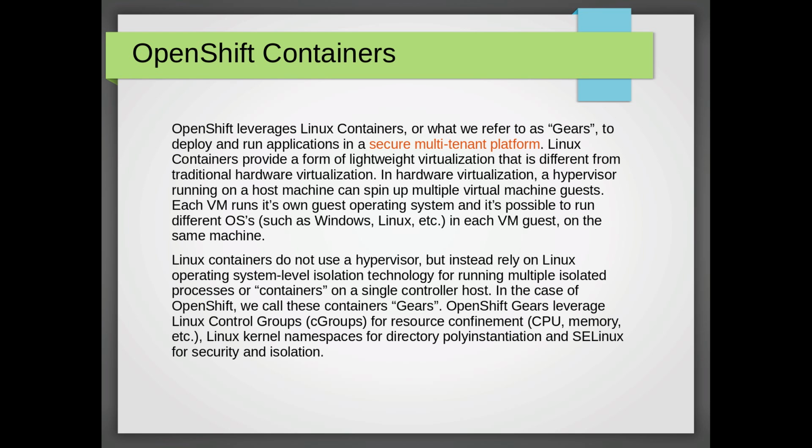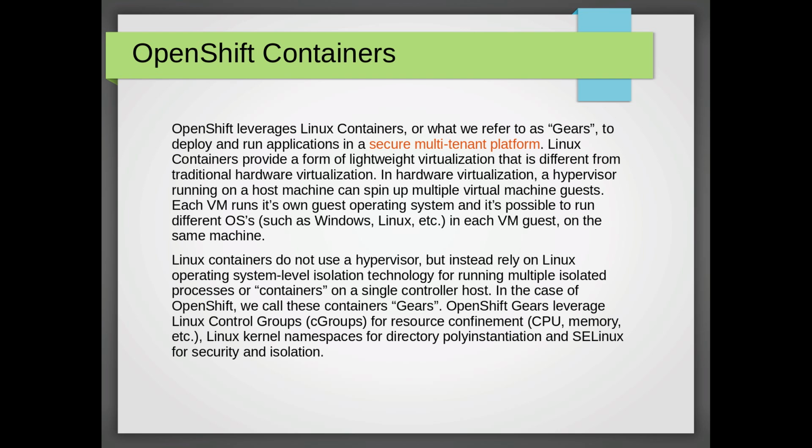Linux containers do not use a hypervisor, which is normally used in VM segregation, like VMware or even Windows Server 2008 hypervisors. Here we abstract operating system level isolation, running multiple isolated processes called containers in a single host.